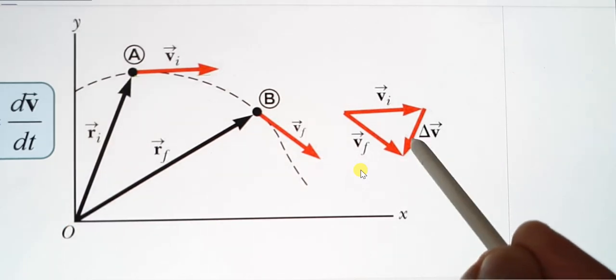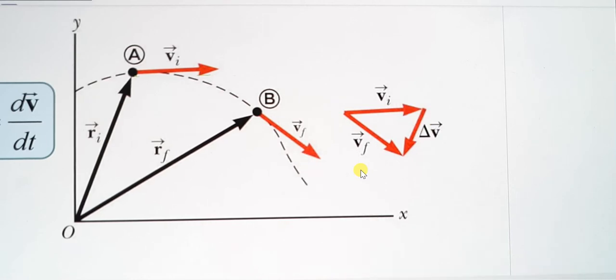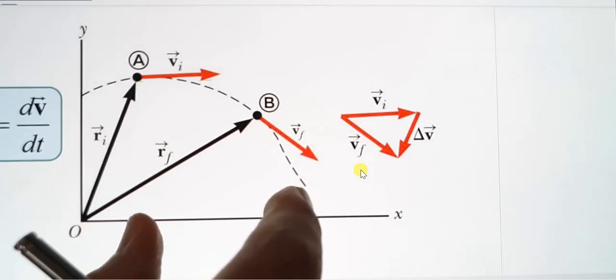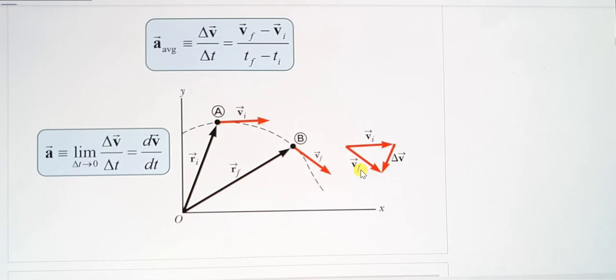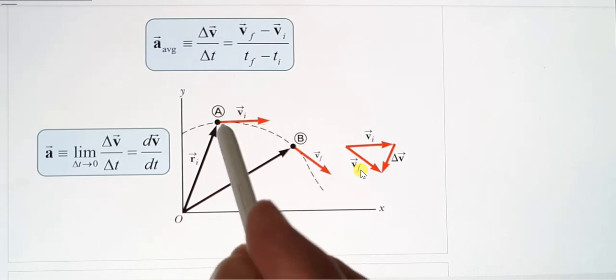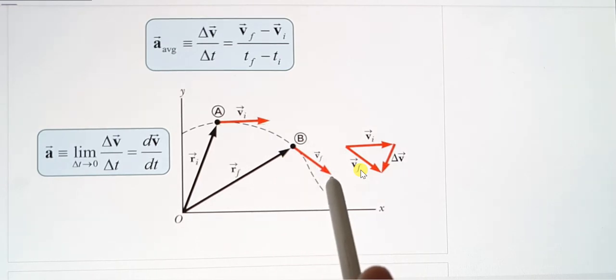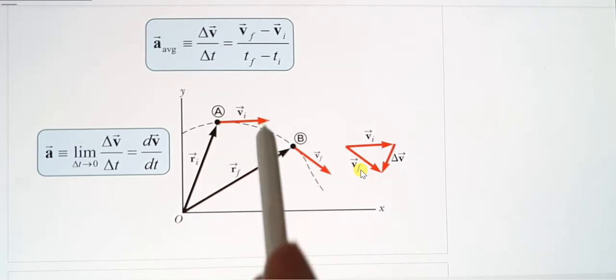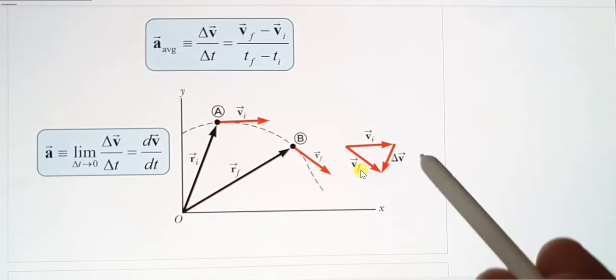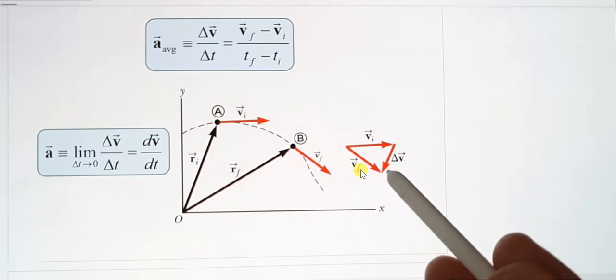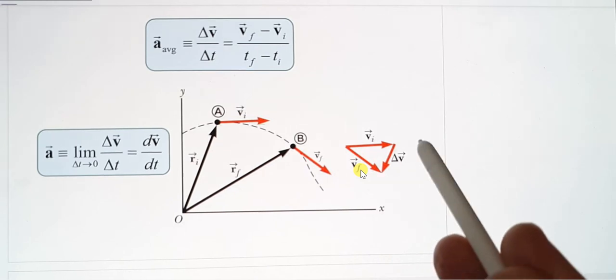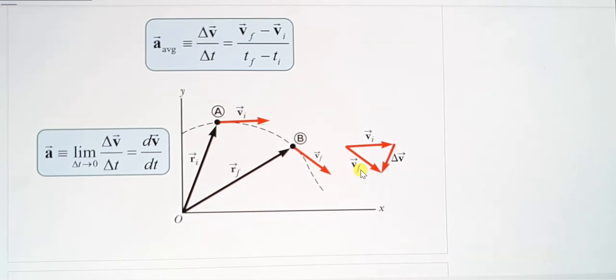That is delta V. So when we have V initial like this and V final like that, the direction of delta V, which is the direction of the acceleration, is pointing in this direction.